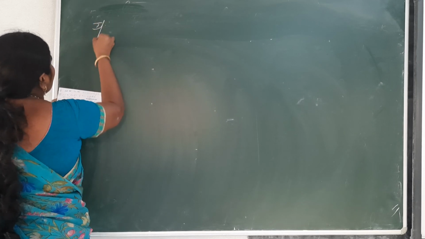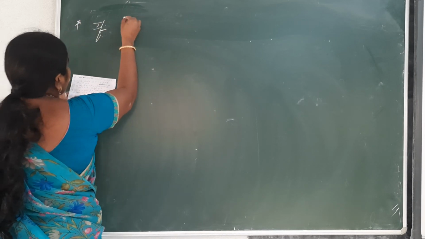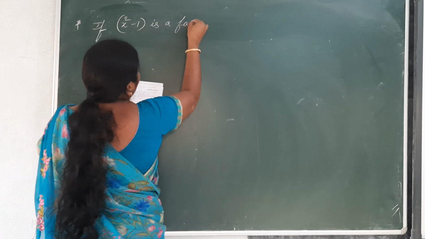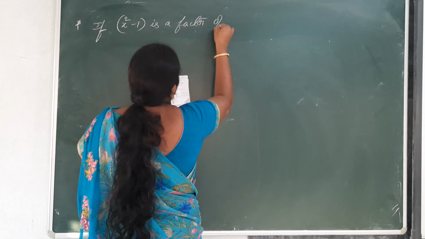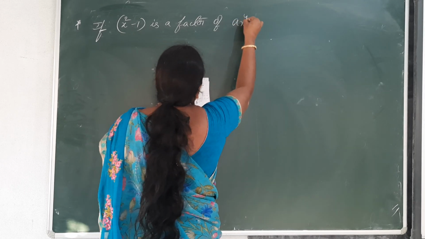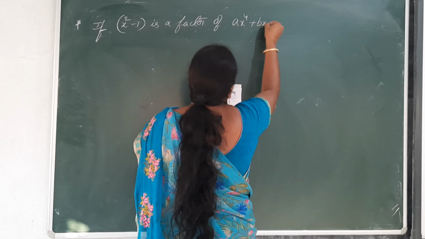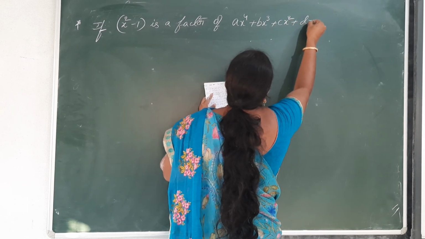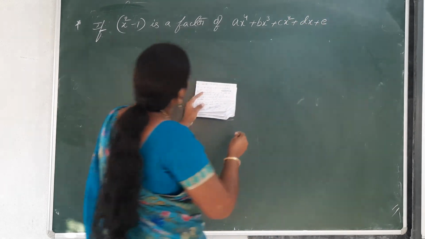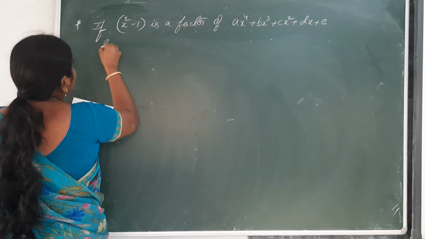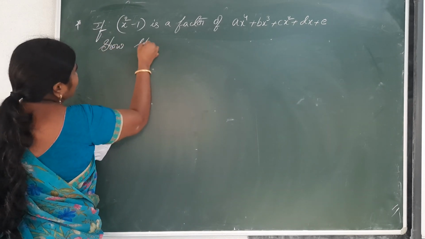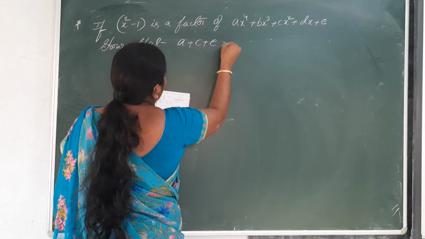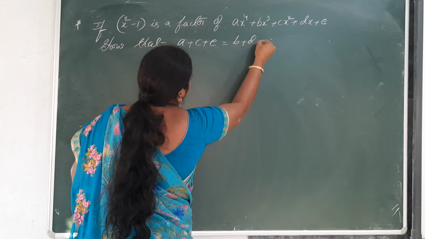If x square minus 1 is a factor of a x power 4 plus b x cube plus c x square plus dx plus e, show that a plus c plus e equal to b plus d equal to 0.